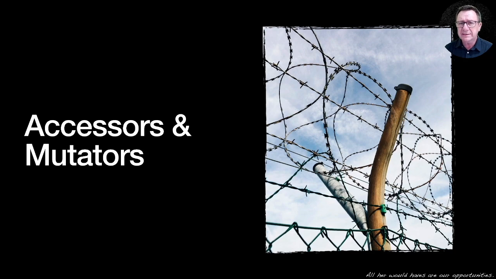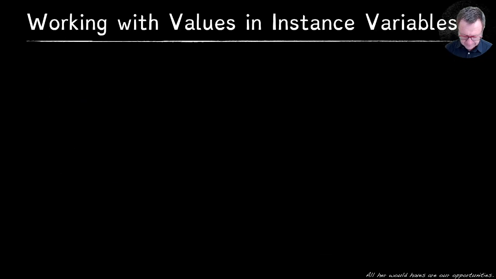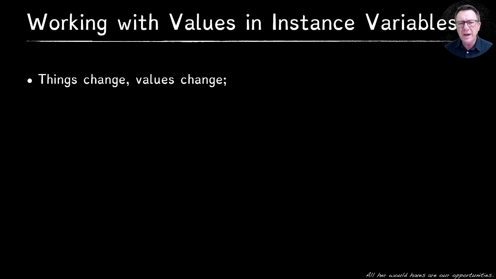Now we want to look at accessors and mutators. Accessors are our getters. Mutators are our setters. So when it comes to working with instance variables, as you can imagine, the values within instance variables need to be able to change.